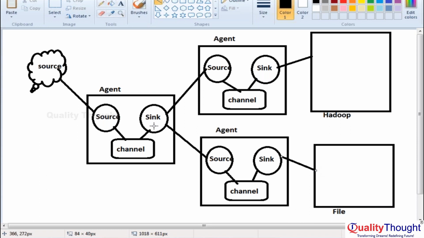So one sink we can configure with another Flume source. We cannot say the sink destination is always either Hadoop or a file system. It may be another Flume agent.